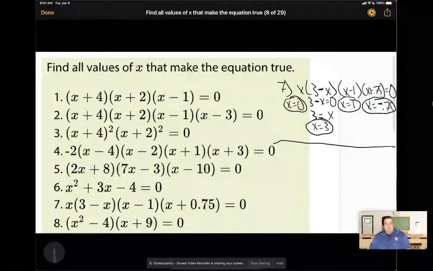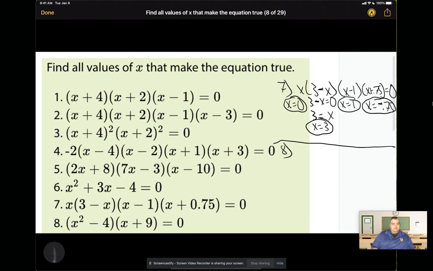And then lastly, number 8, I have x squared minus 4 and x plus 9 equals 0. This one's interesting. This one should be easy because I can go right ahead and say x equals negative 9.